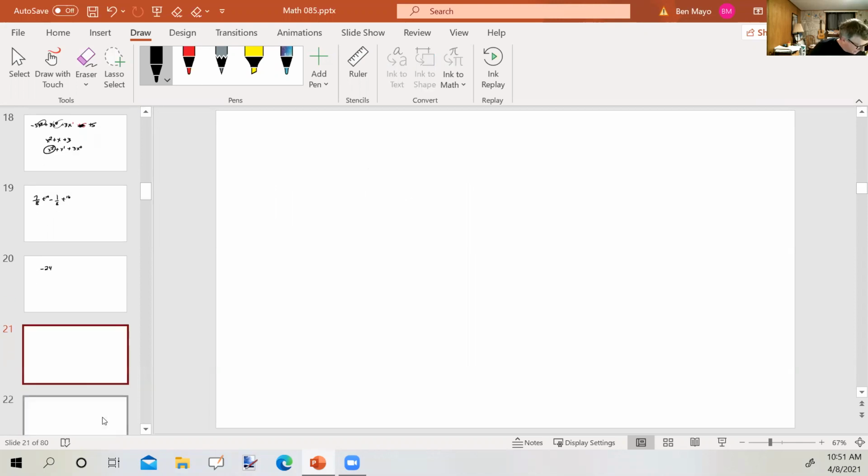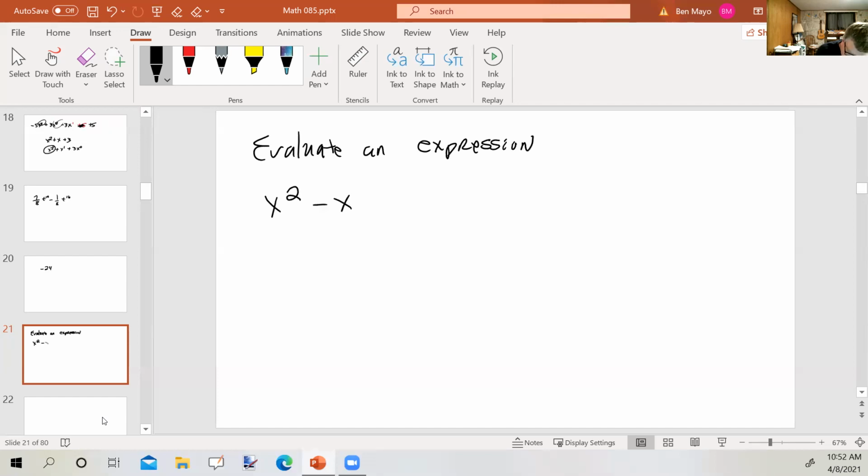Okay, excellent. So now we're going to do what's called evaluate an expression. We're going to take a polynomial, for instance x squared minus x plus 7, and evaluate the expression for x equals 6. So part A is x equals 6.